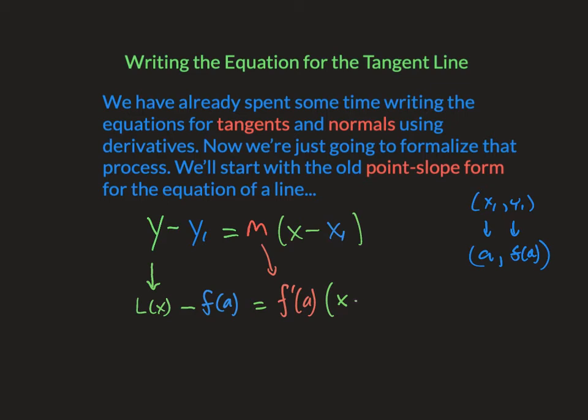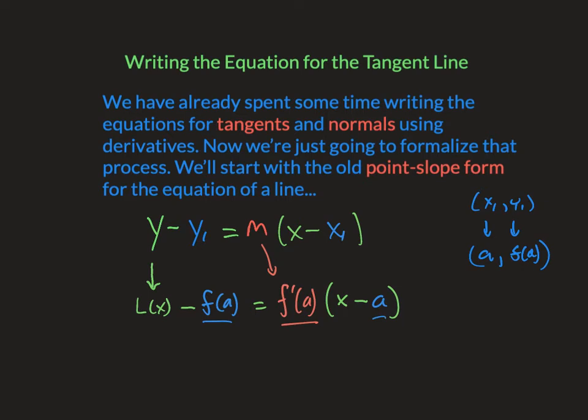And I'm going to keep my x value because I want this linearization to be a function of x. Keep in mind that these blue and red values are numbers. So f of a is just a y value number. f prime of a is just a slope number. And this a is the x-coordinate number of our point.